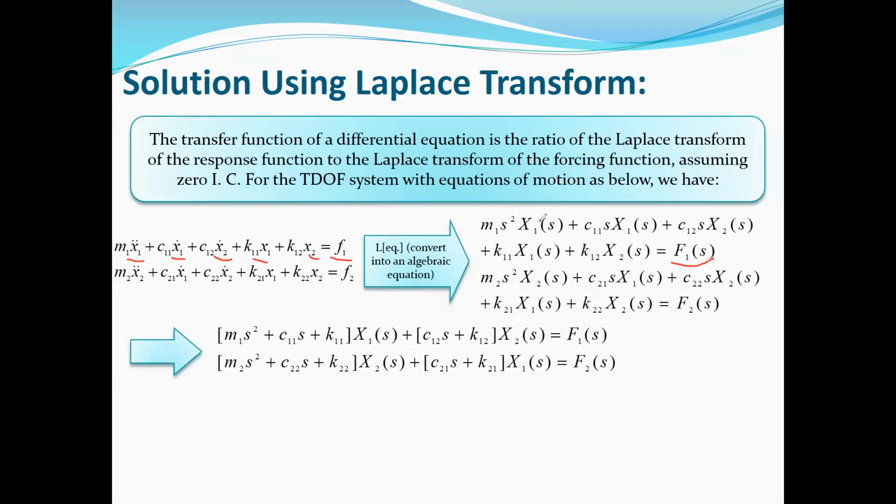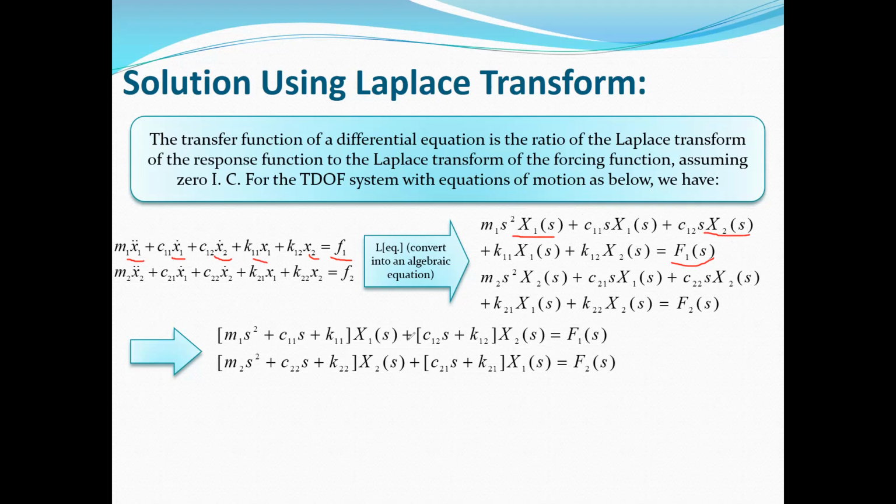So now, instead of SDOF systems, where we had only one algebraic equation that we solved to obtain the response in the Laplace domain, here we have a system of two equations with two unknowns. The two unknowns are X1 and X2, as you can see, a system of two coupled algebraic equations.